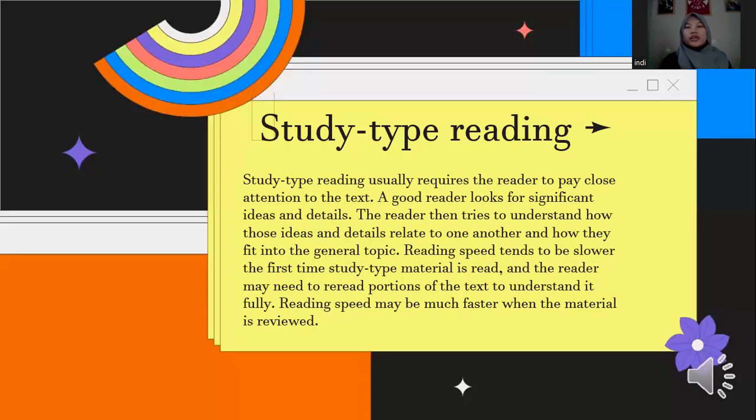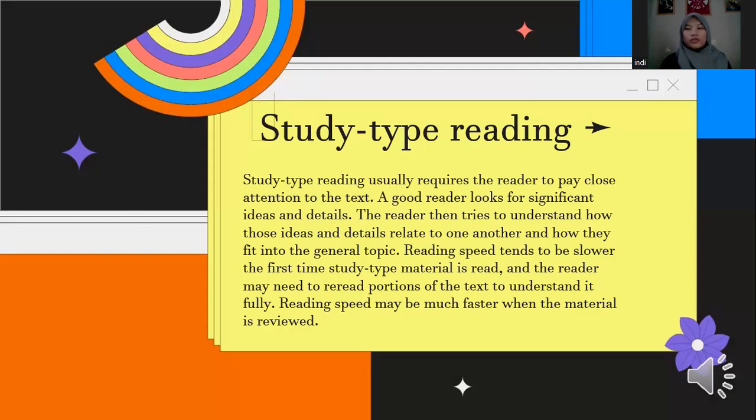Next is study type reading. You know study type reading? Study type reading usually requires the reader to pay close attention to the text, and a good reader looks for significant ideas and detail. The reader then tries to understand how those ideas and detail relate to one another and how they fit into the general topic.